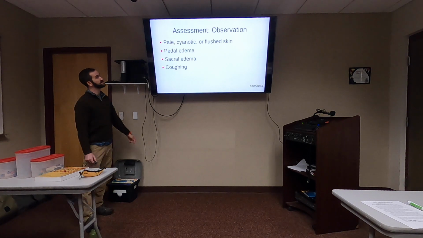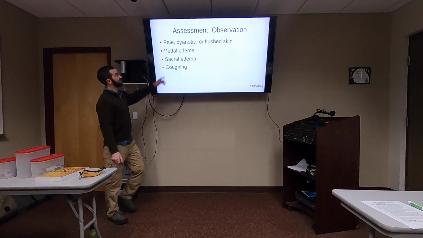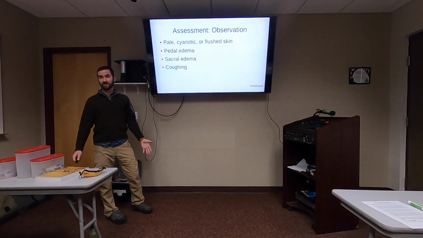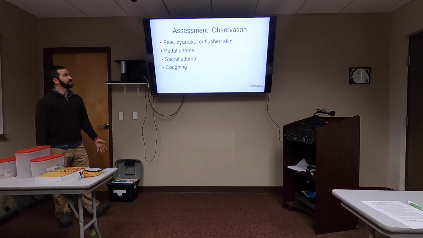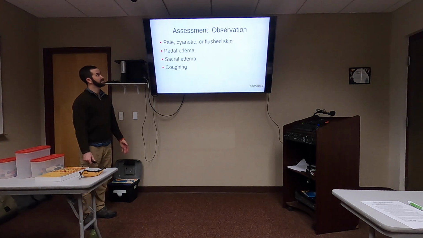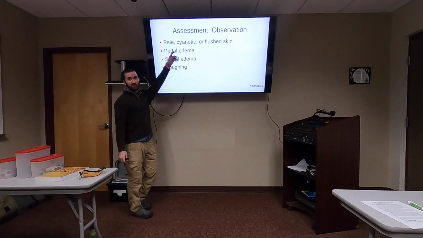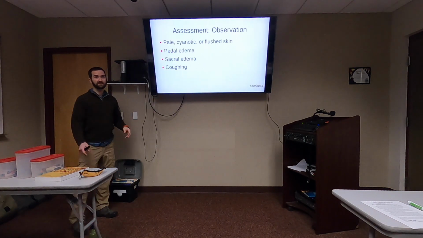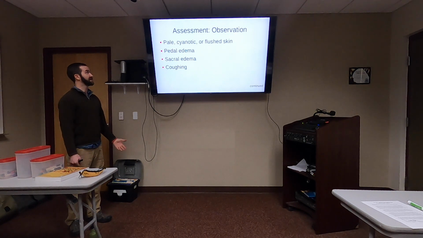Look for pale or cyanotic or flushed skin. So pale skin is what you expect when you're getting that fight or flight kind of response, right? And you get peripheral vasoconstriction, versus the cyanotic or more bluish skin, which is when you're still getting circulation into your skin, but that blood isn't as oxygenated as it should be.